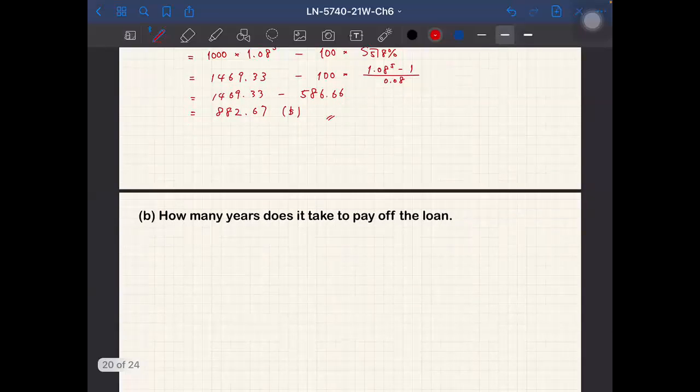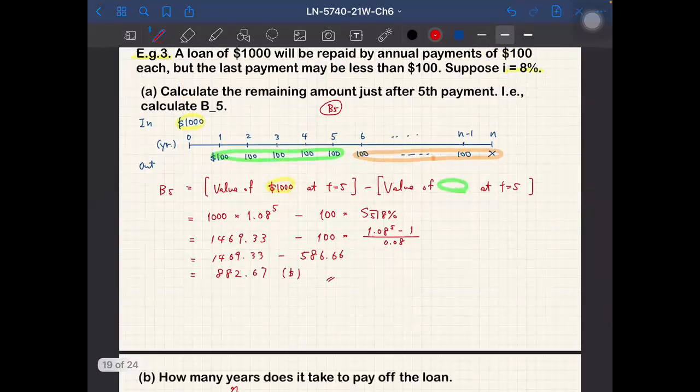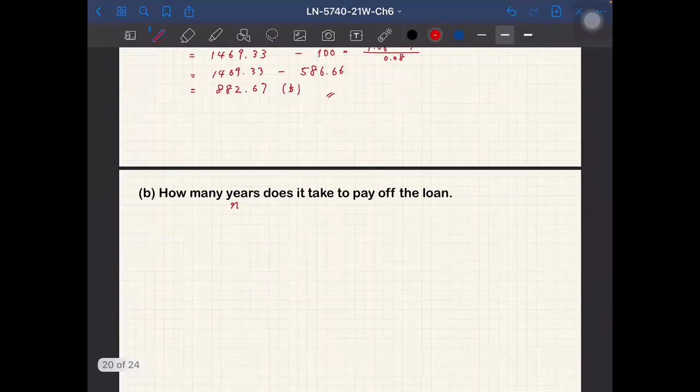Okay, now we want to calculate how many years it takes to pay off the loan. We name this n, so we have to determine n. Basically, this is just to solve 1,000, the cash inflow, equal to 100 times a angle n at 8%.